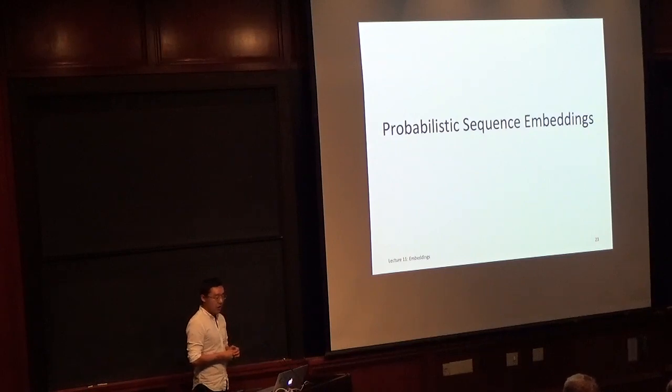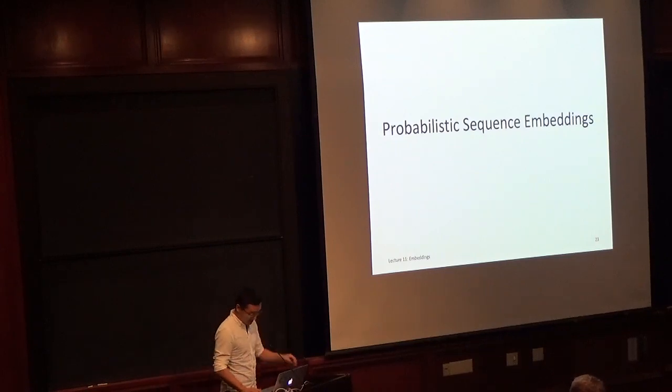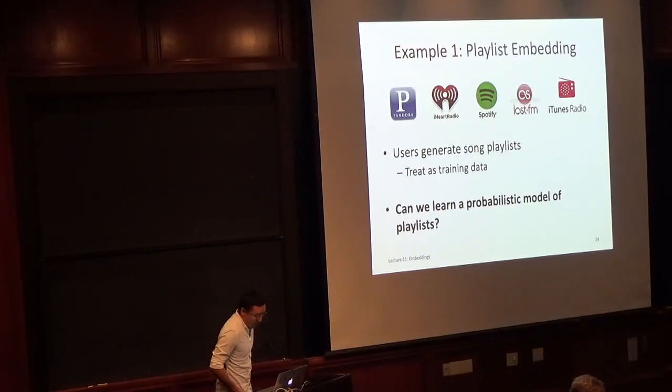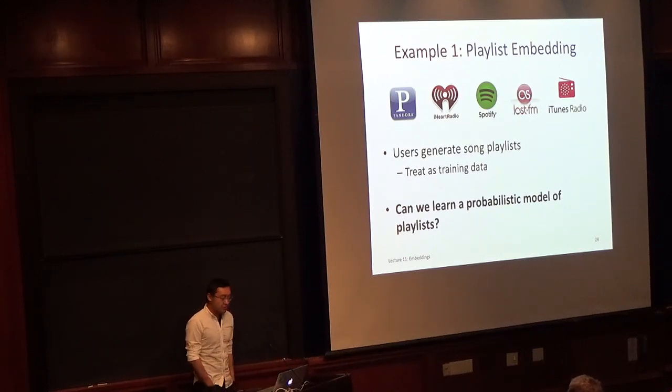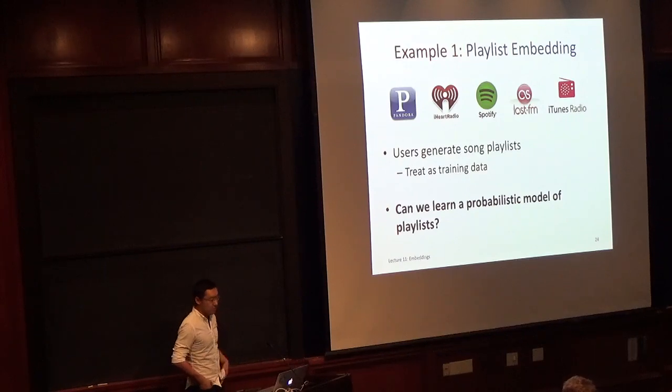And to start with, I'm going to talk about probabilistic sequence embeddings. So example number 1 is playlist embedding. Imagine that I have a data set, let's say from Spotify or Pandora, of user-generated playlists. A bunch of people generate a bunch of playlists of songs, so it's just a sequence of songs.